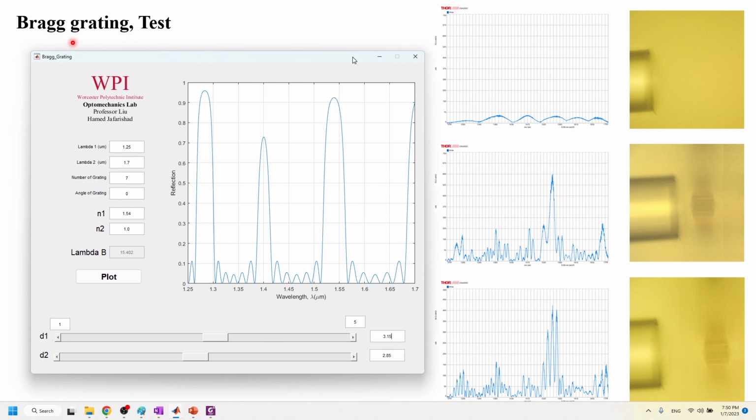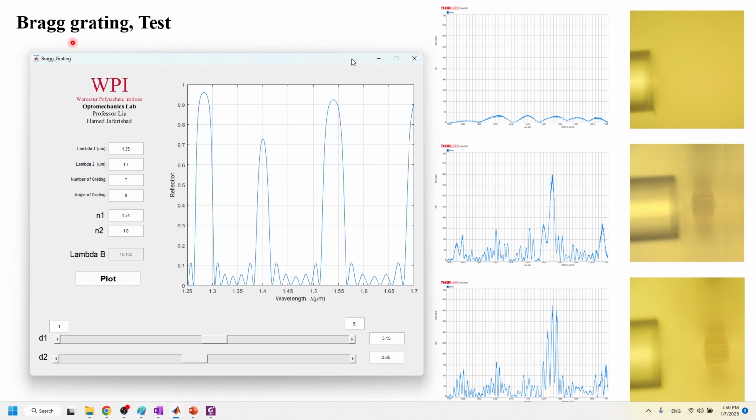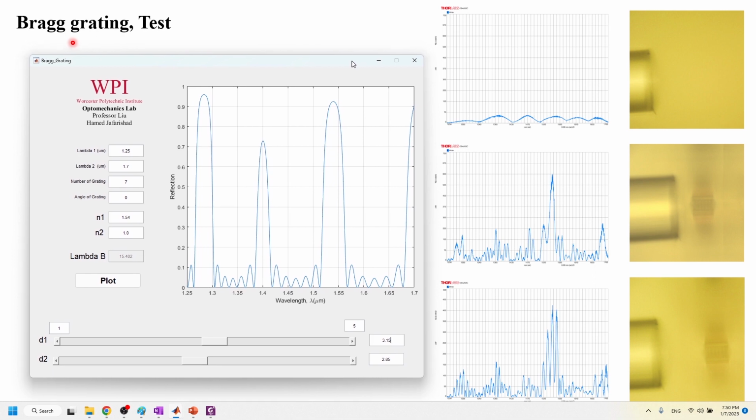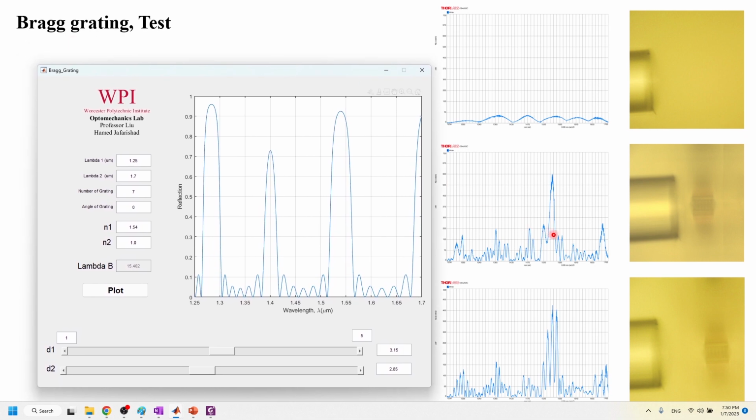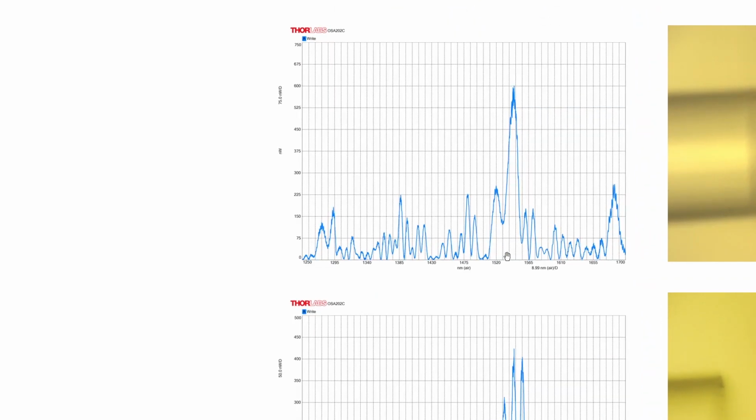Okay, so now what you see here is the result that we obtained from the design. By comparing the results, we can see there is quite good agreement between them. Here, at about 1.54 micron, we have a very good reflection, and if we go back here, we can see it's almost about 1.54 micron.